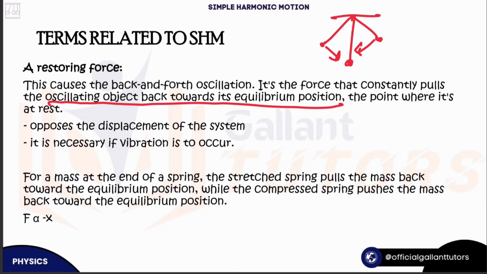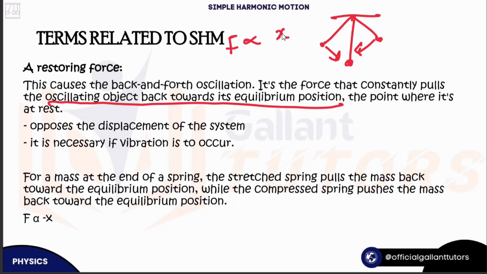For a mass at the end of a spring, a stretched spring pulls the mass back towards the equilibrium position, while a compressed spring pushes the mass back towards the equilibrium position. I'm going to use two scenarios to explain the relationship between force and displacement. This is a simple pendulum. The force is directly proportional to x, we all know that.